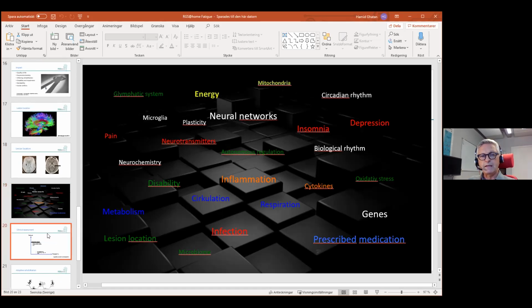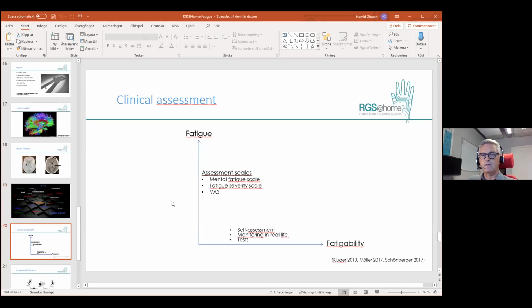And handling it from a clinical perspective, this image should illustrate the clinical approach. First of all, I use assessment scales that are validated for post-stroke fatigue. And I'm not using one, I'm using two, because there are similarities, but there are also differences in these assessment scales.